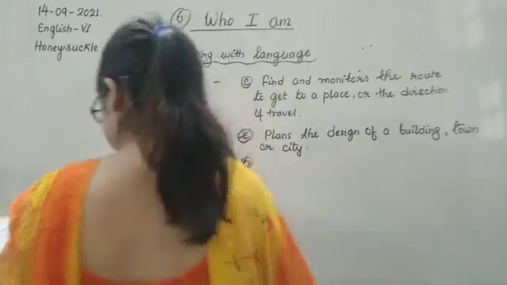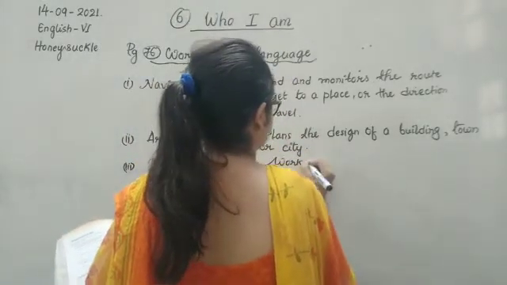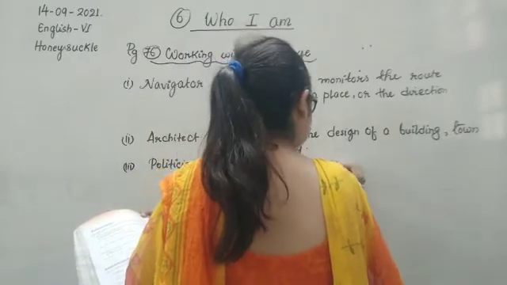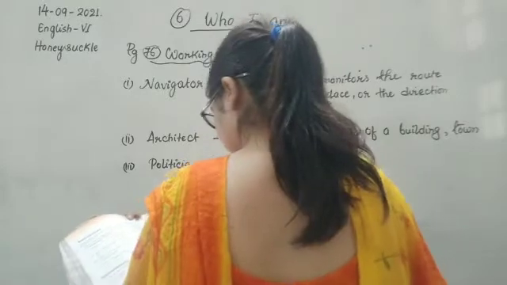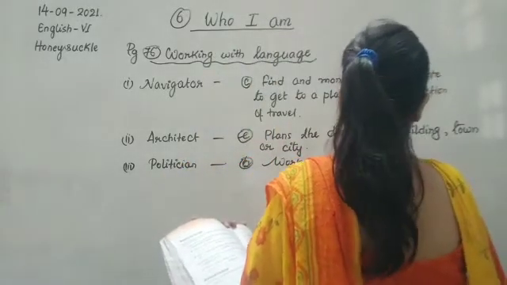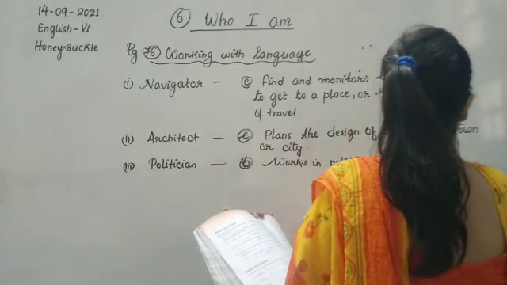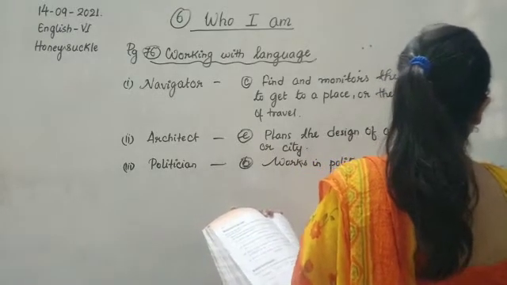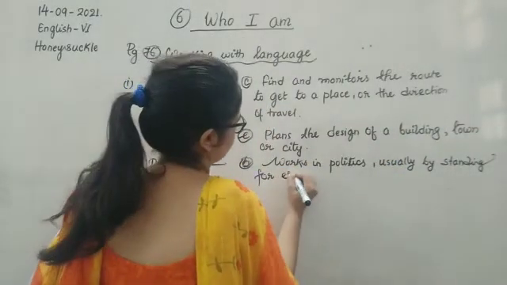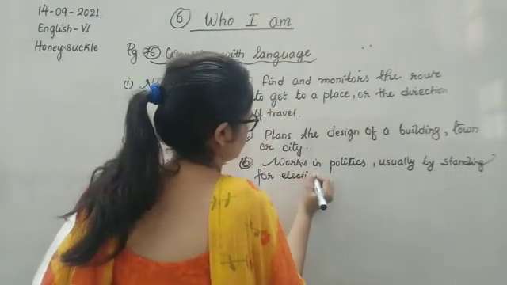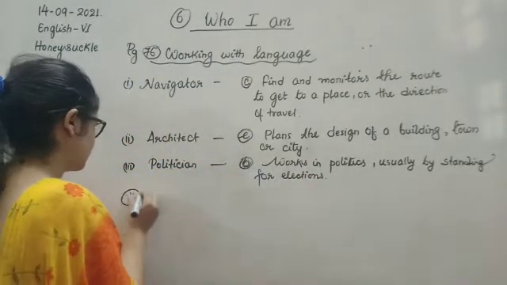Number B. Works in politics, usually by standing for elections. Number 3, done. Number 4.